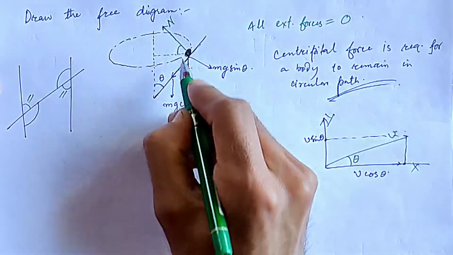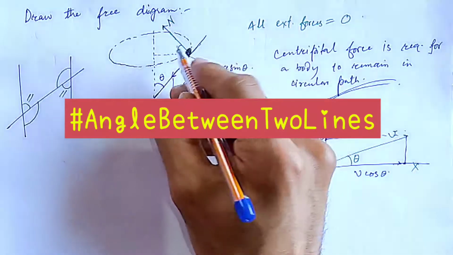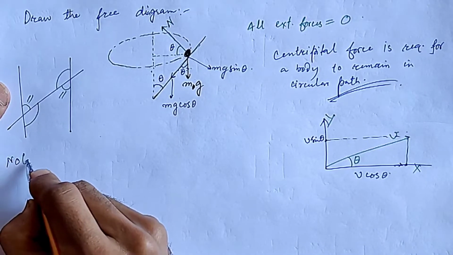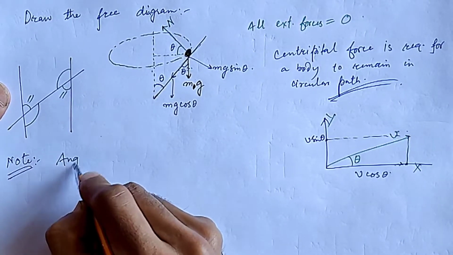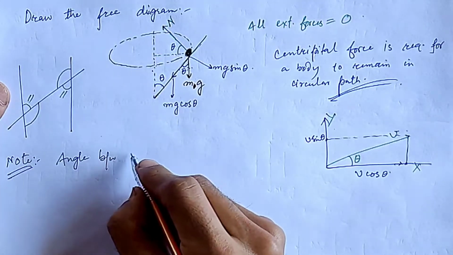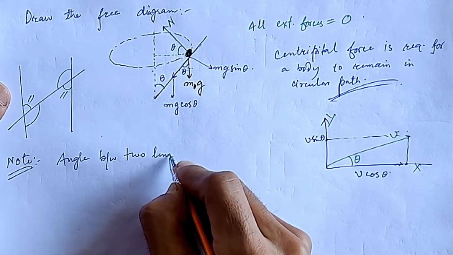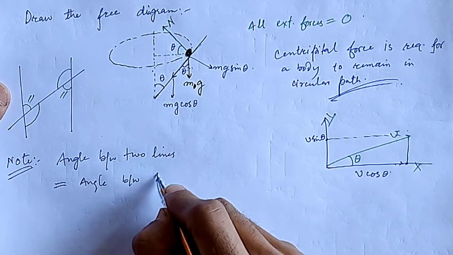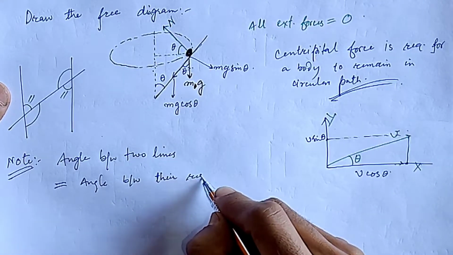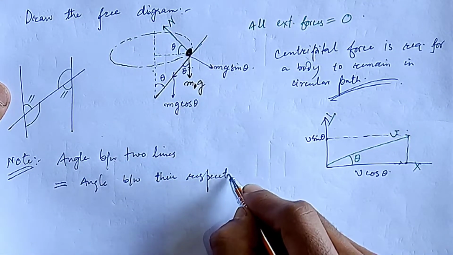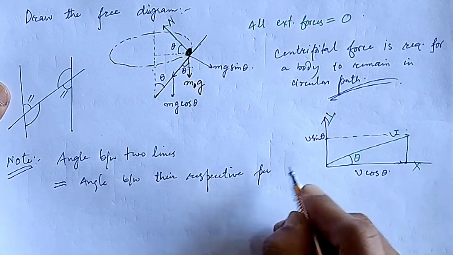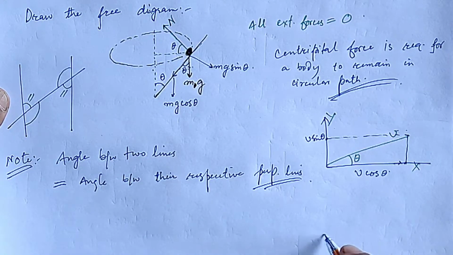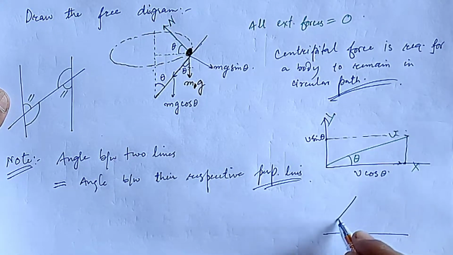So the angle between these two is also the same as that of theta, because we know that, note it down, the angle between two lines is equal to the angle between their respective perpendicular lines.